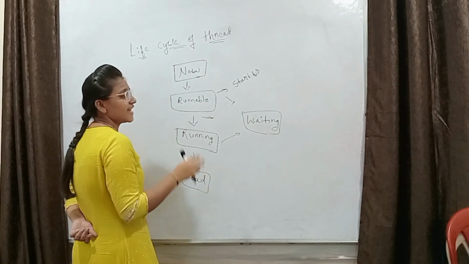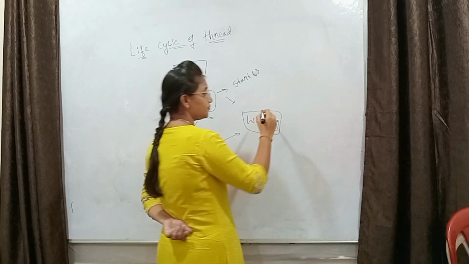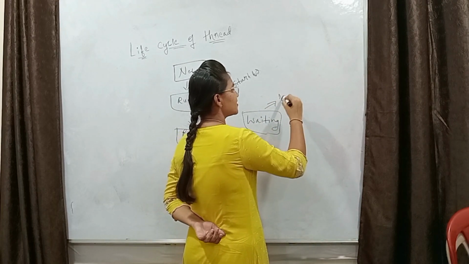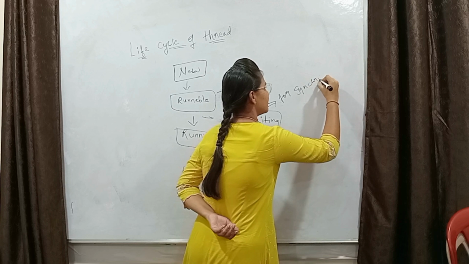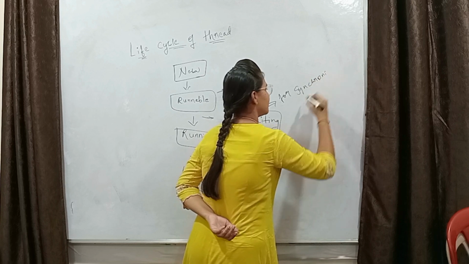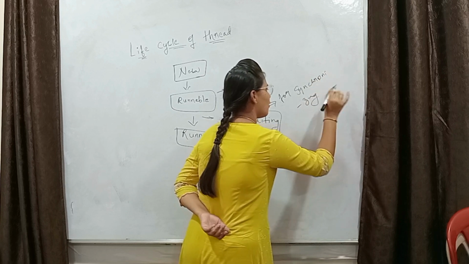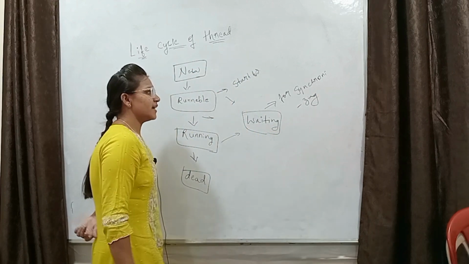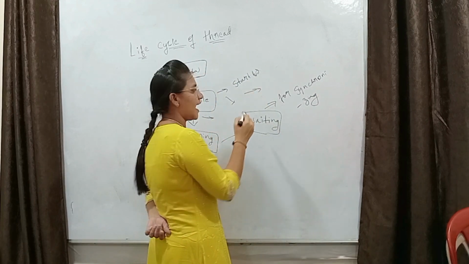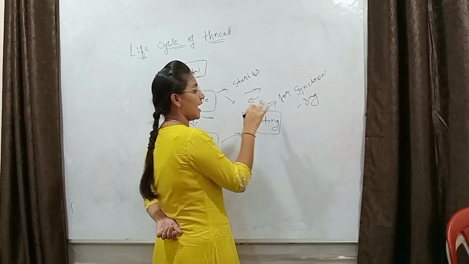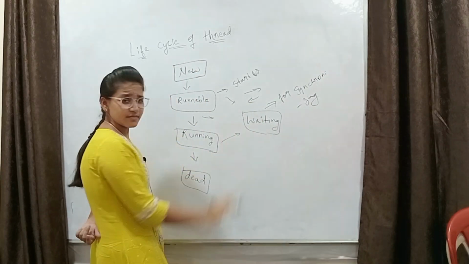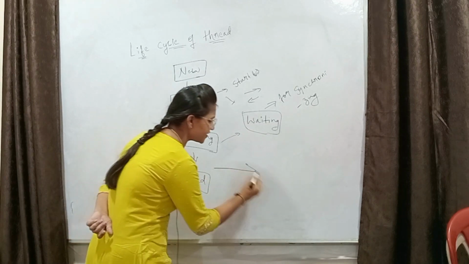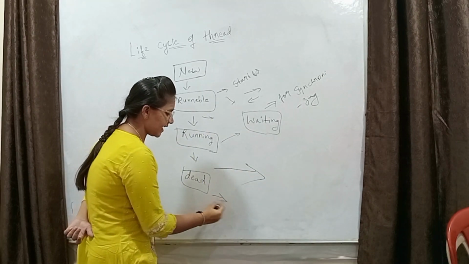The waiting state is for synchronizing: if one thread is executing, another thread should be in a waiting list. Once the execution is over, it will be in a dead state.